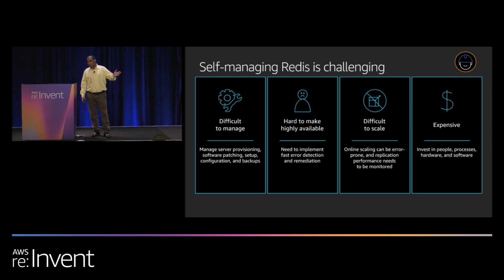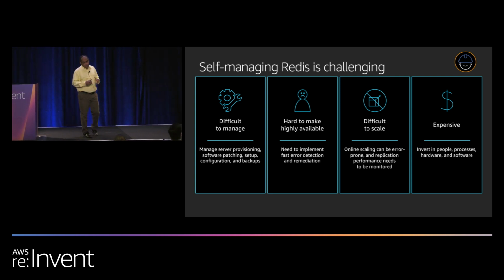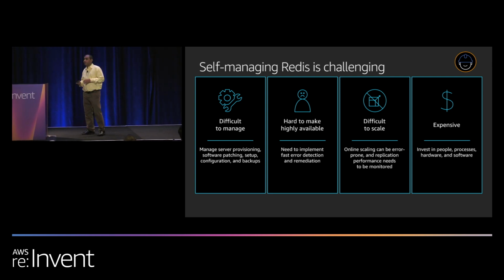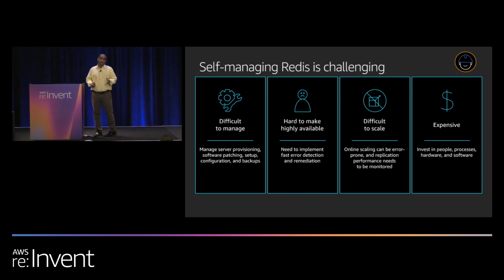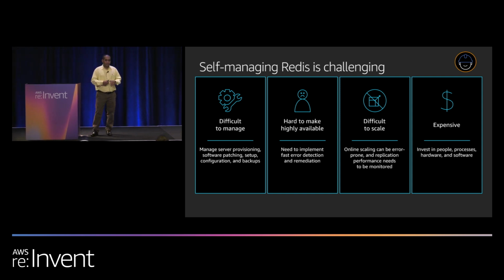In many of these situations you want to scale out, meaning you want to distribute your data across multiple masters or shards, and so you get incremental write throughput, or you want to scale up, and so you get incremental read and write throughput. Scaling out, scaling in, doing all of these things in an online fashion is also very difficult to achieve. And so if you're hosting on EC2, you have to do all of that stuff.